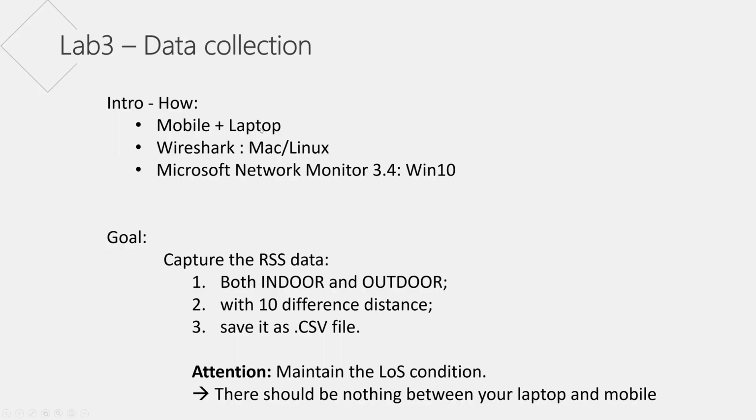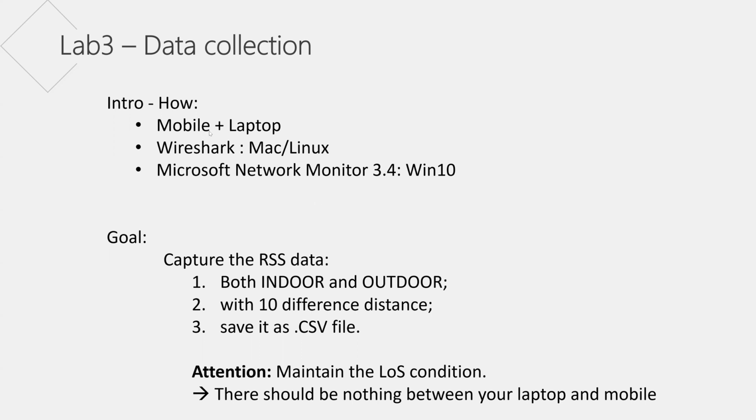So let's have a look here. What you need is a mobile and a laptop. You may use your desktop to collect the data, but you should be aware that we are going to the outdoor for the data collection. So if you only have a desktop, you may have some trouble on outdoor collection.